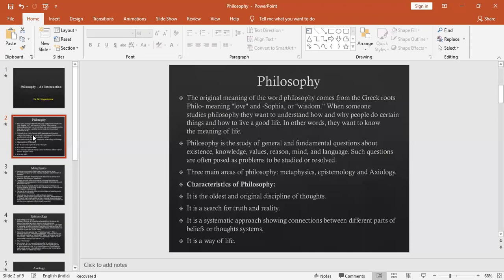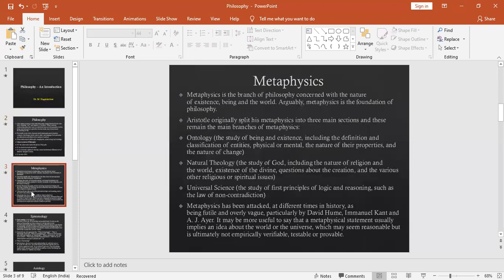Okay. Let's see the three main areas of philosophy. The first one is metaphysics. What is metaphysics? When you divide the word, meta means beyond, beyond physics, beyond the physical.